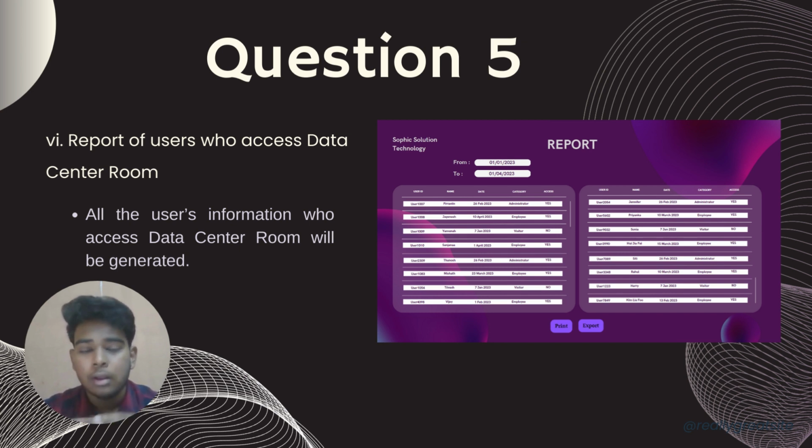We can export into any format, like PDF or PNG, for our preferred choice. If we press the export button, it will save into a soft copy. So this is the main thing about the report interface to generate the report.